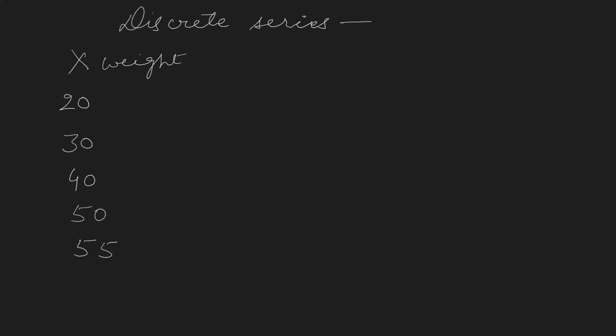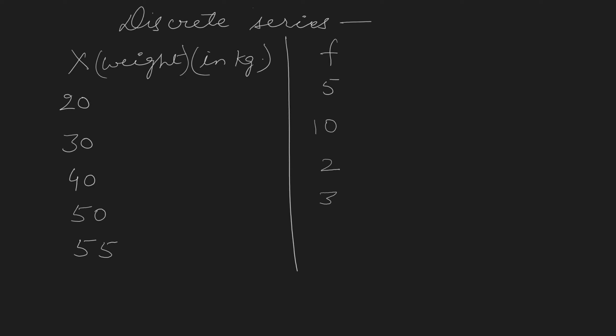So the x variable taken here is weight, and this weight is in kg. Some frequencies are given corresponding to these values, and we denote frequency with small f, in lower case. So for 20, the frequency may be 5, then 10, 2, 3 and 4.